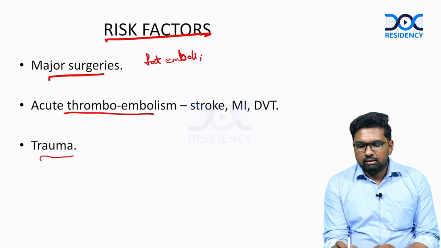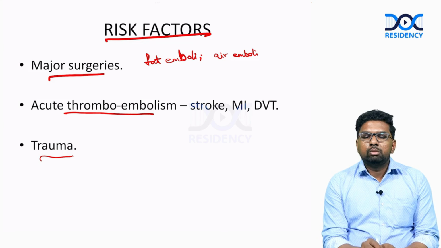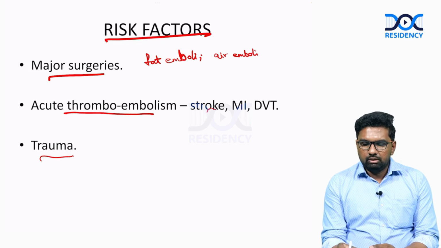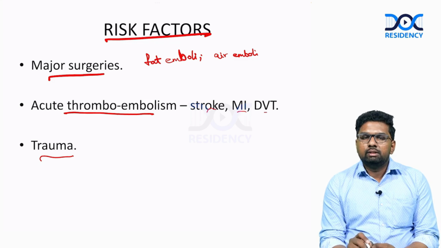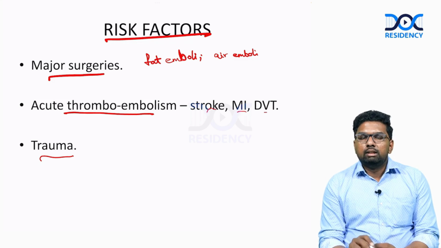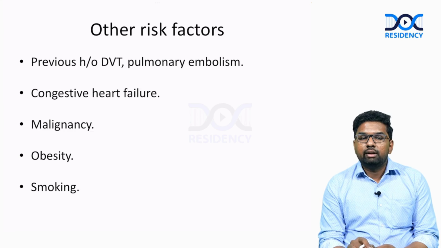In case of cardiovascular surgeries, though we take very precautionary measures, air emboli can occur. In case of acute thromboembolism, stroke, MI, and DVT can occur associated with the pulmonary embolism, and trauma itself can cause pulmonary embolism.